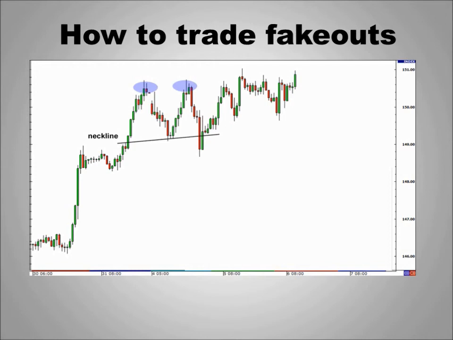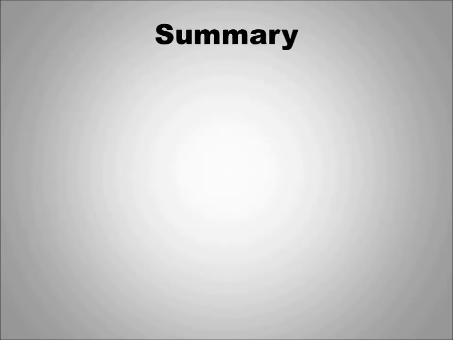As you can see, here we have the neckline, and usually many people will open a position right below or right above that neckline, and then whatever distance from the neckline to the open line, we can place a stop loss at that same distance from the neckline going in the opposite direction. And as we can see, had we gone long, we would have made the right decision.